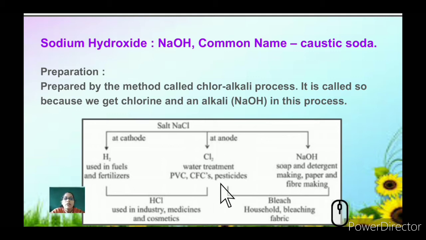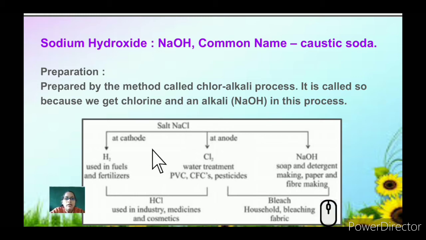Chlorine is used in water treatment and for production of PVCs, CFCs (chlorofluorocarbons), and pesticides. When hydrogen H+ and Cl- combine together, they form hydrochloric acid. Hydrochloric acid is used in industries, and in small amounts in medicines and cosmetics.